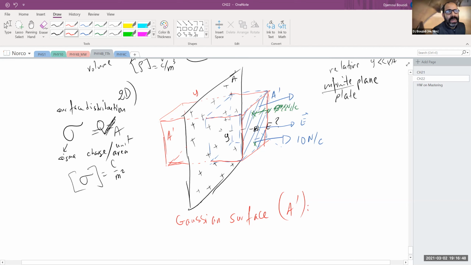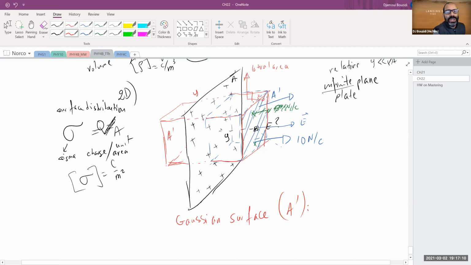This lateral surface in here will have the following situation. The area of the lateral surface points this way. So this is the lateral area. And I just argued that the electric field needs to point away from it. Always points away from the plane, actually. So the lateral area and the electric field at this point are perpendicular.